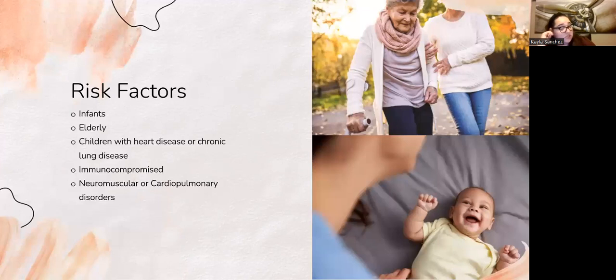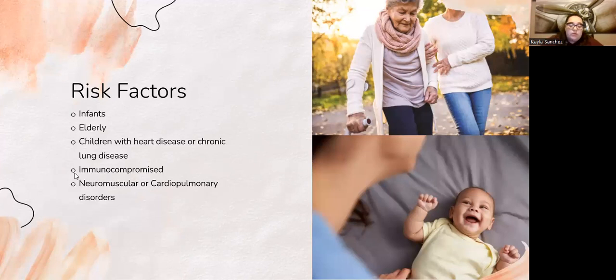Some risk factors. These are people that are most likely to get sick with RSV disease. That's like infants, premature babies, or babies that are 6 months or younger are most at risk of getting the disease, and elderly people. So like the older ages, they're also most likely to get sick because of weakened immune systems.